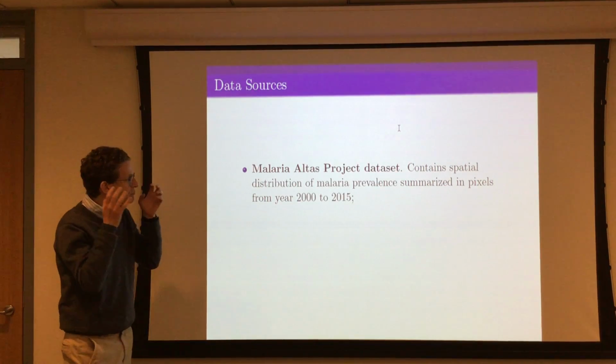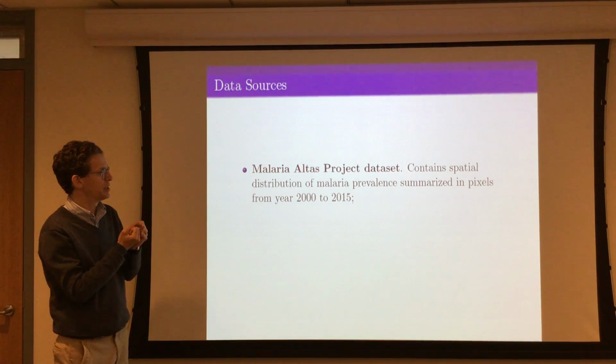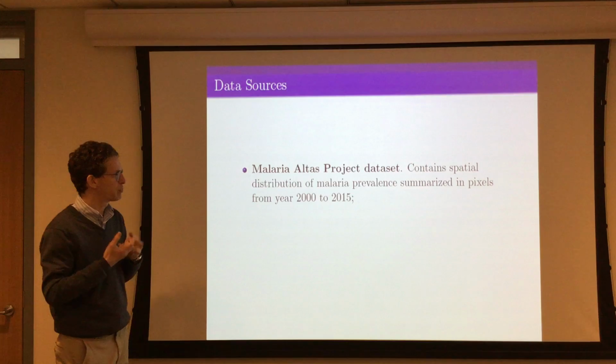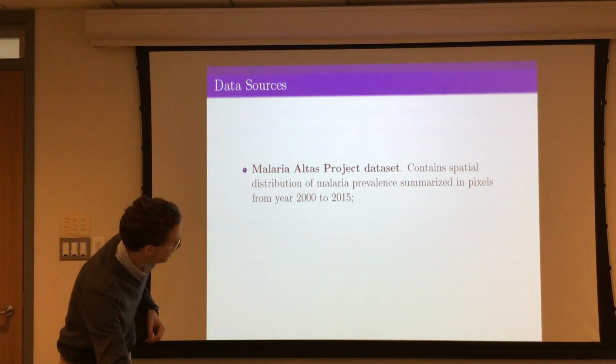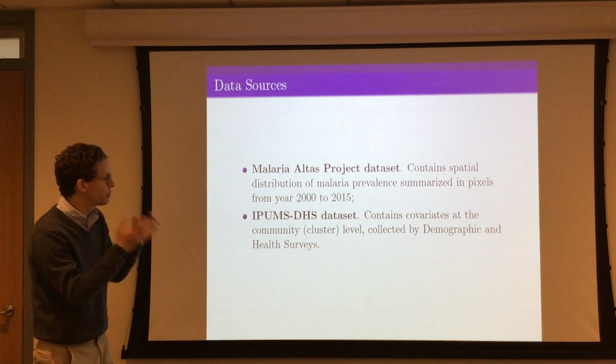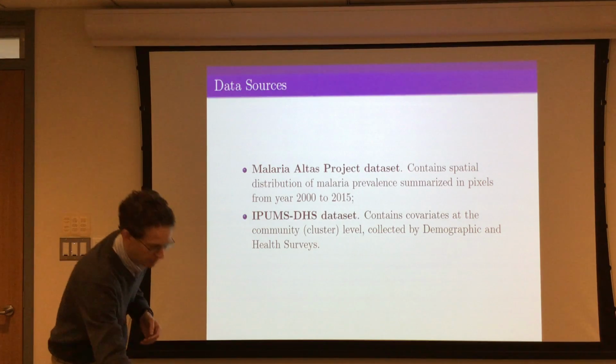And we combined two data sources: data from the Malaria Atlas Project, which has detailed data on malaria prevalence, and data from the Demographic and Health Surveys as compiled by the IPUMS.